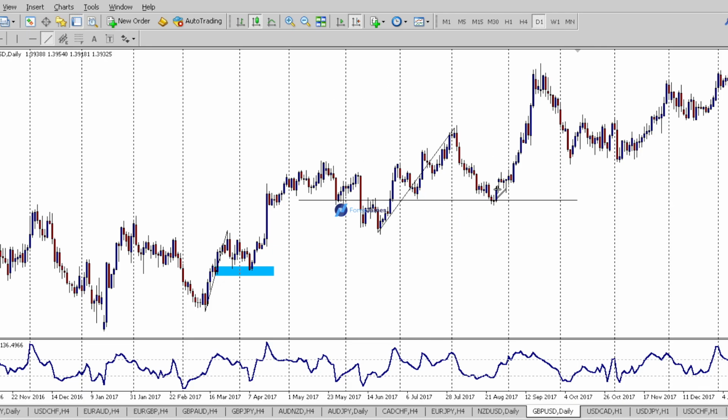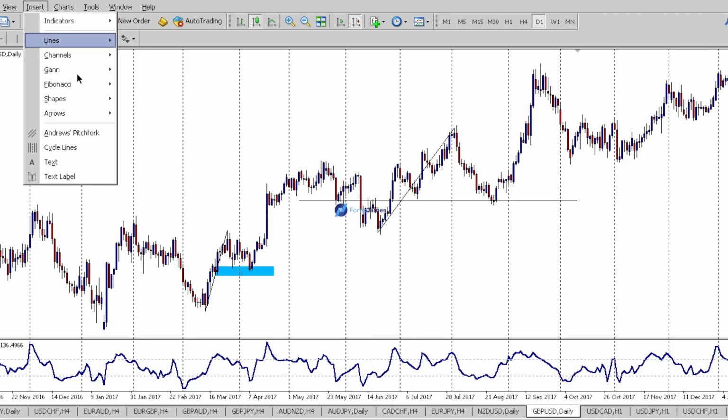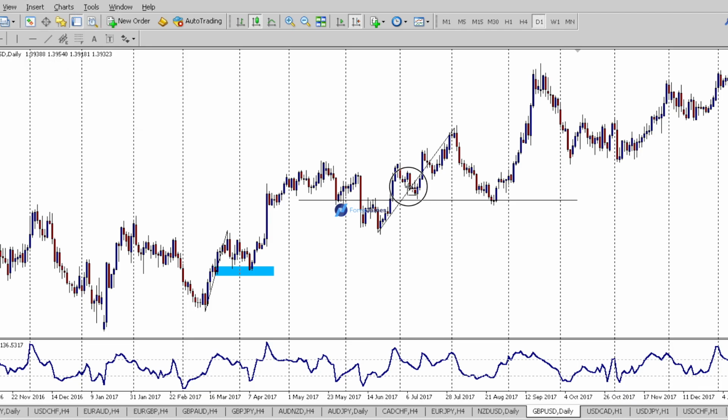For this area here, this is also a strong demand. This is still considered valid because price just went through the rectangle by a few pips.